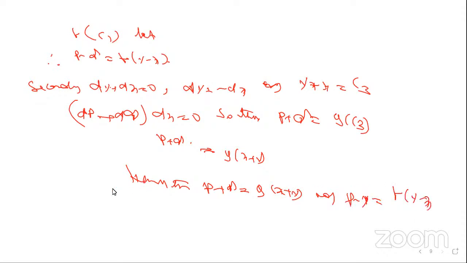We get p equal to 1/2 f of y minus x plus g of x plus y, and q equal to 1/2 g of x plus y minus f of y minus x.